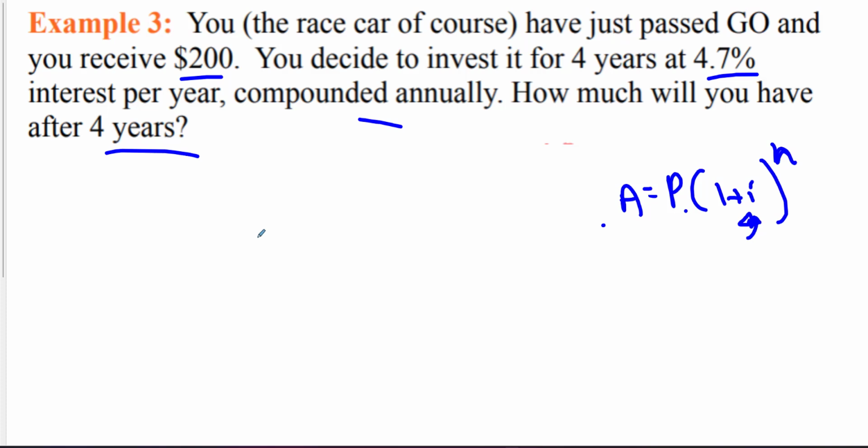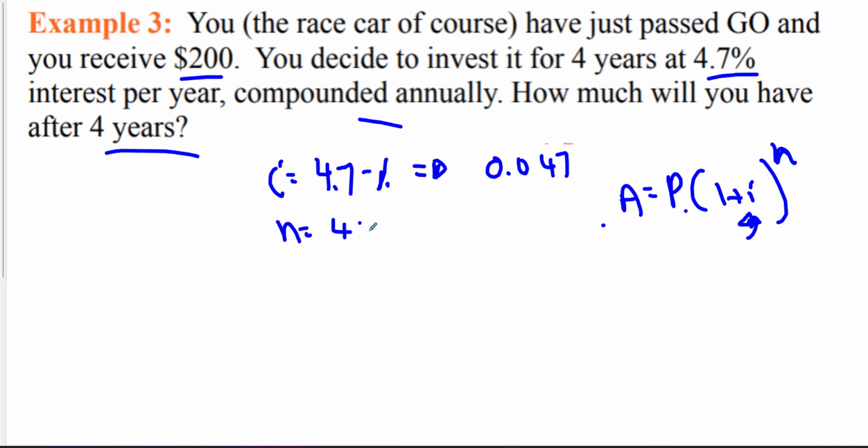So my I value is 4.7%. But remember, whenever you're dealing with percent, you have to convert it into a decimal value. So this is actually 0.047. So divided by 100 to get the decimal value. We know it's 4 years, so n is equal to 4 times how many times it's been compounded.